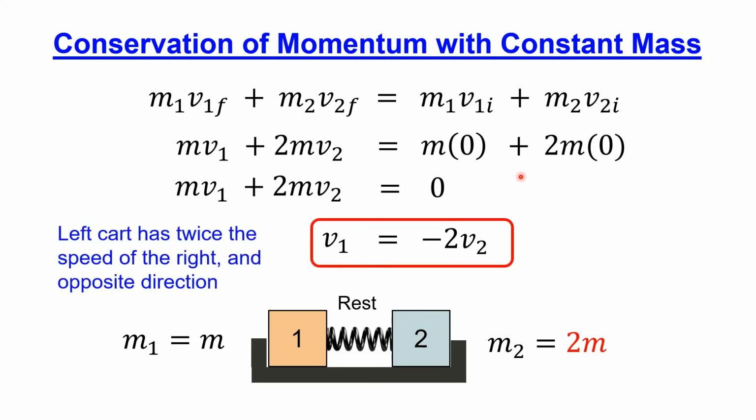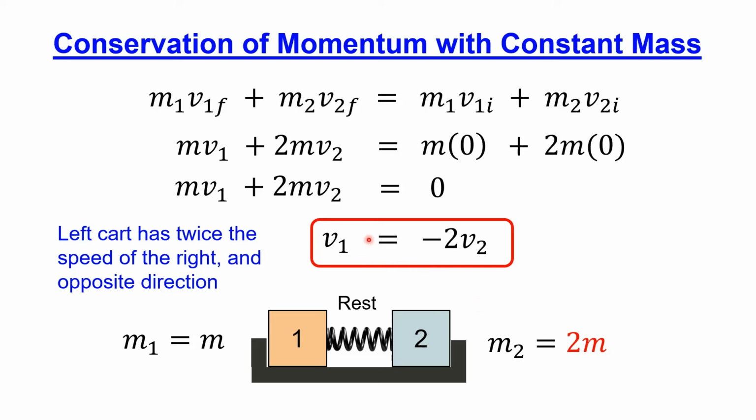What does that mean? It means the left cart, that's v1, so I called the left one object 1, has twice the speed of the right, that's what the 2 means, and opposite direction, so that's what the negative sign is telling us, which seems about what we saw from the video.